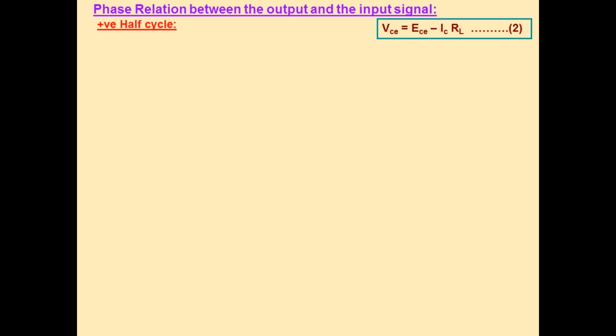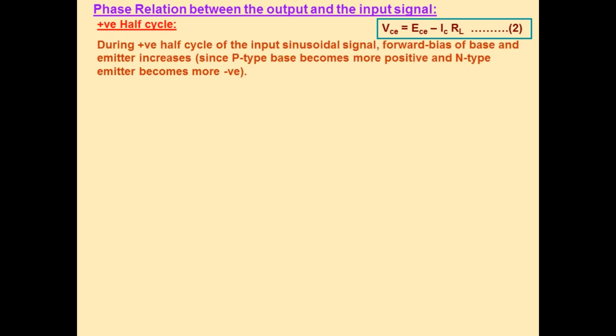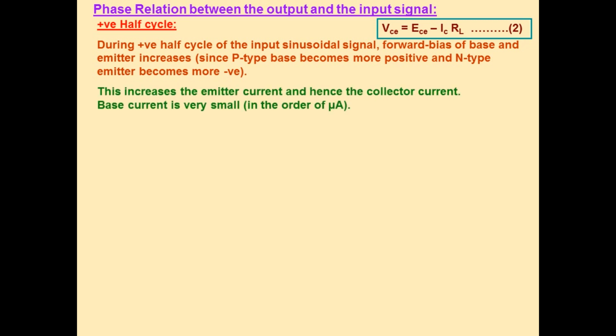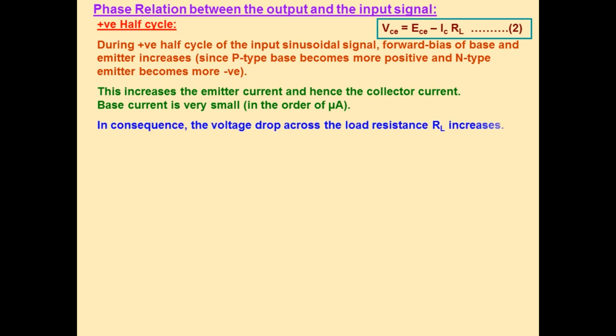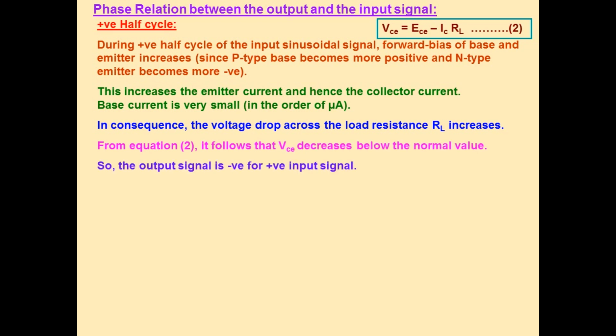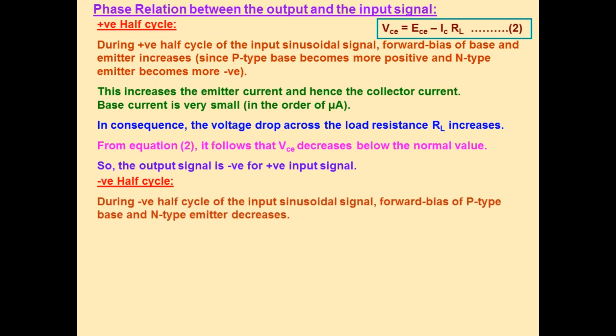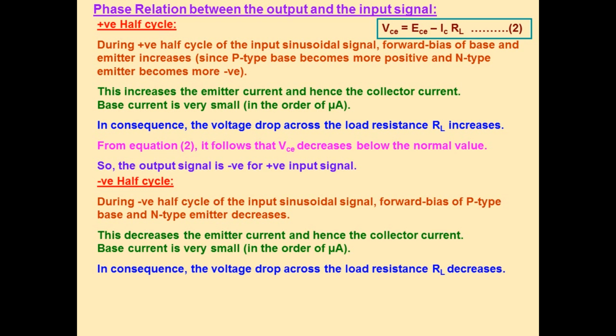During the positive half cycle, there is increase in the emitter current, hence collector current increases, voltage drop across load resistance also increases. So VCE decreases below the normal level. So the output signal is negative for positive input, and during the negative half cycle, the output signal is positive for negative input signal.